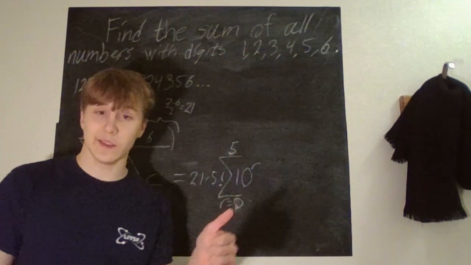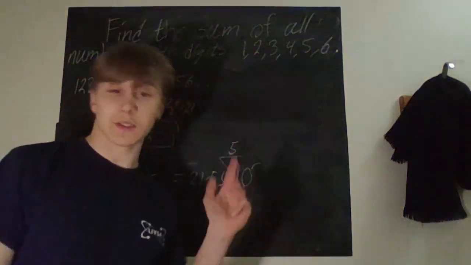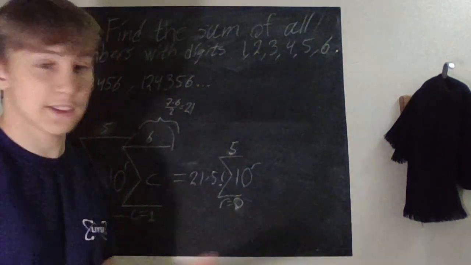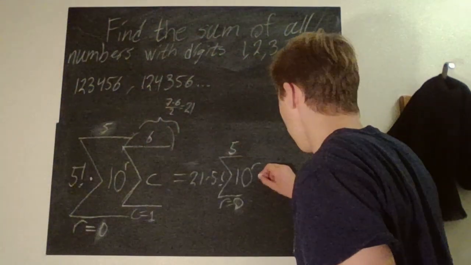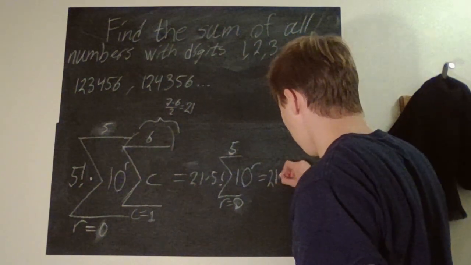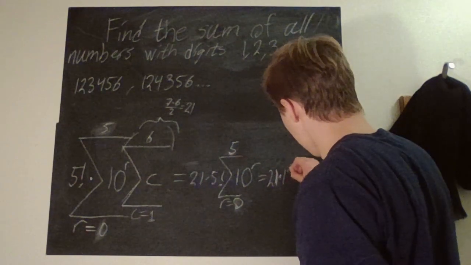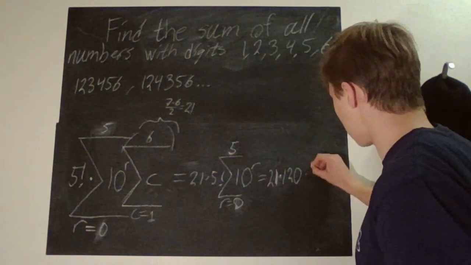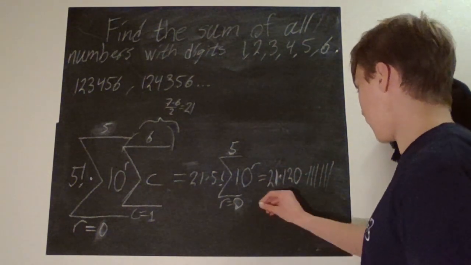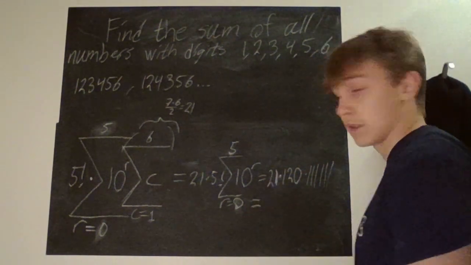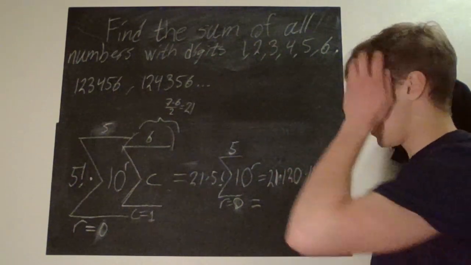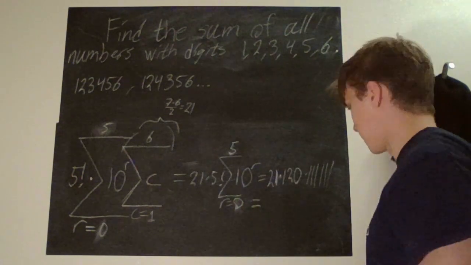So what we have is 1 plus 10 plus 100 plus 1000 plus 10,000 plus 100,000. What is that? That's just a bunch of ones. So this thing should be 21 times 5 factorial, and 5 factorial is 120, and then times just 1, 1, 1, 1, 1, 1. And this is our answer, if I could calculate it in my head, which I will not.